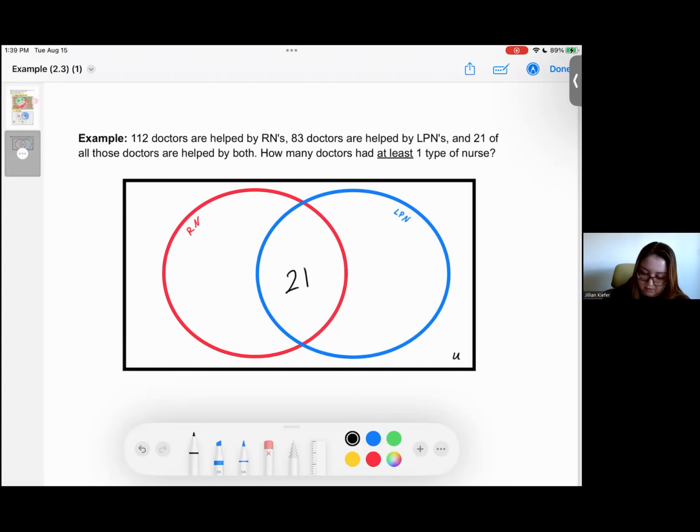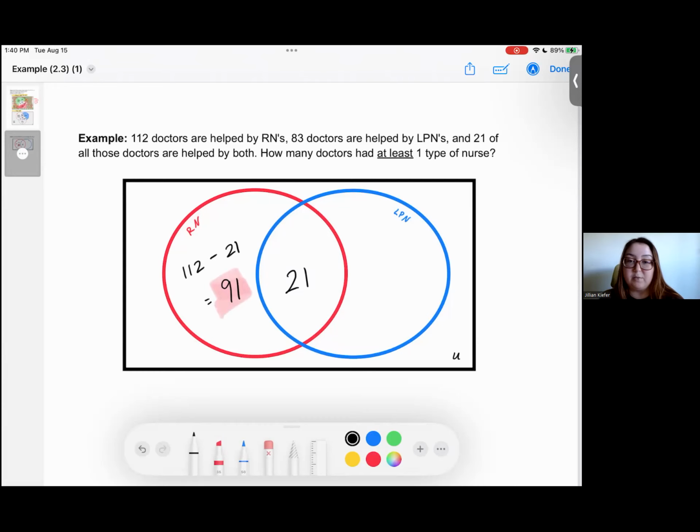So our value here in RN would be 112 minus the 21. So we subtract 21 from 112, and this creates 91. So 91 doctors are helped by RNs.